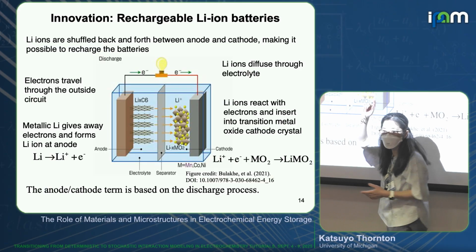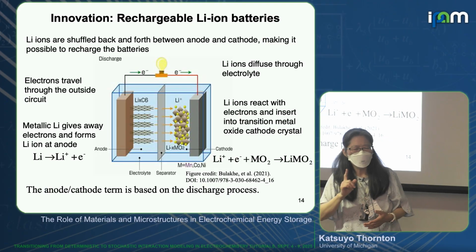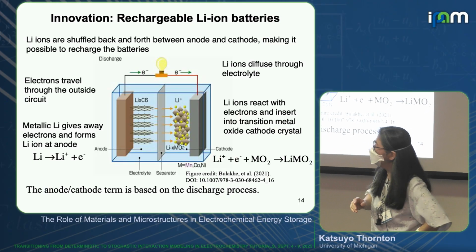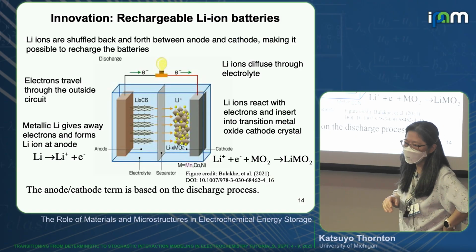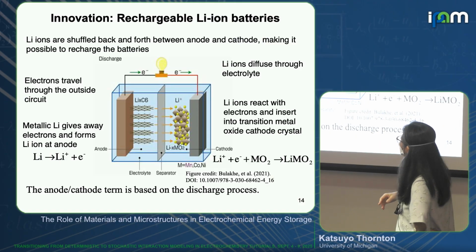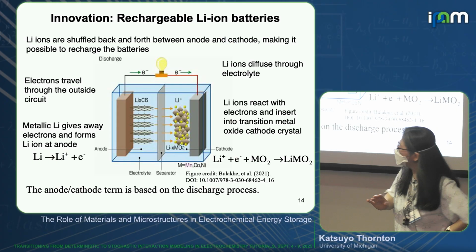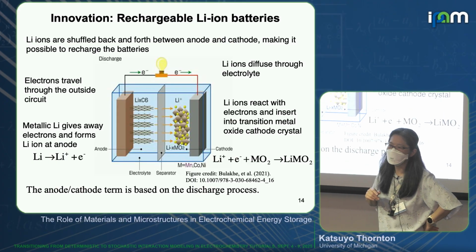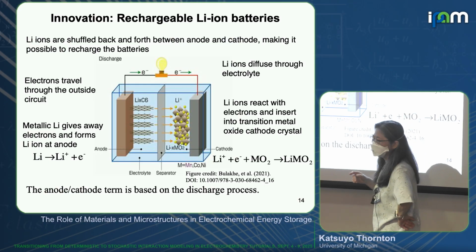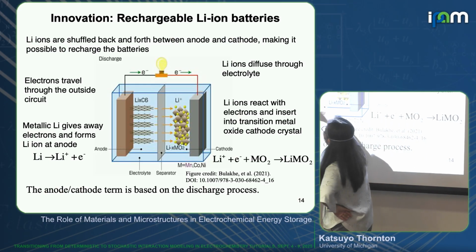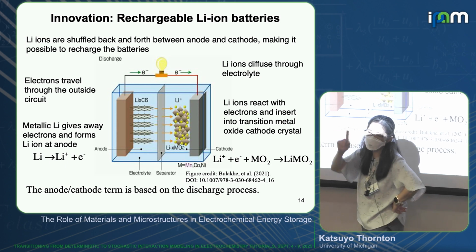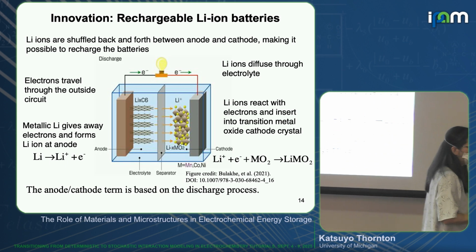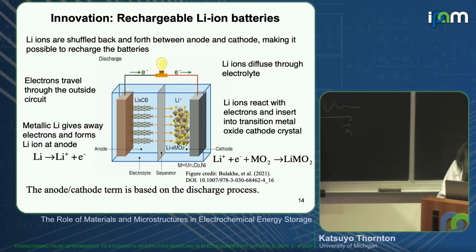I want to point out that something on the qualifier exam asked where the electron goes, and a student working on batteries couldn't answer. But the electron does go outside, otherwise it's not going to light up your bulb, right? So that's how it works.